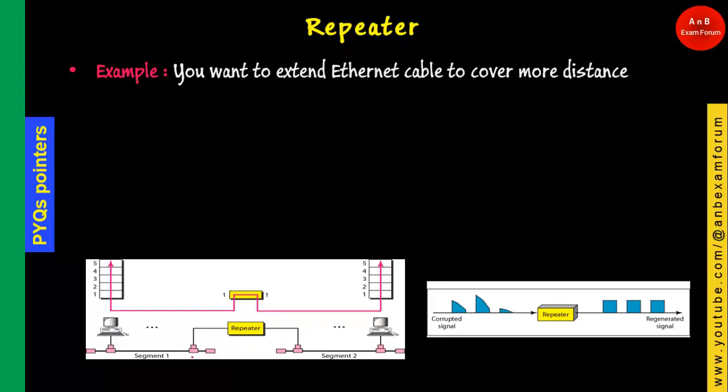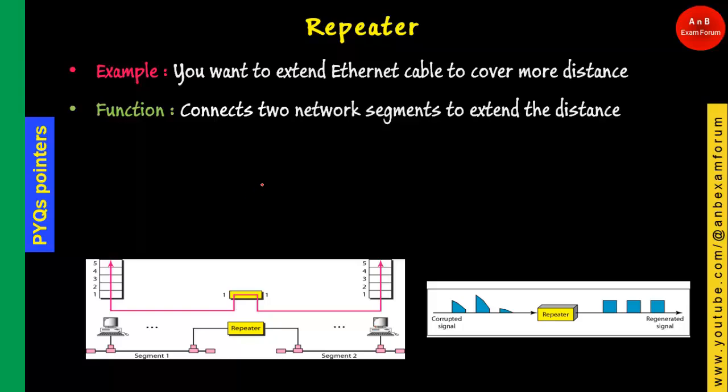Just join those cables and you will have access to this computer also. So basically the function of the repeater is to connect two network segments to extend the distance. As you can see, segment 1 is extended to segment 2 via the repeater. As I told you, it works at the physical layer, layer 1 only.